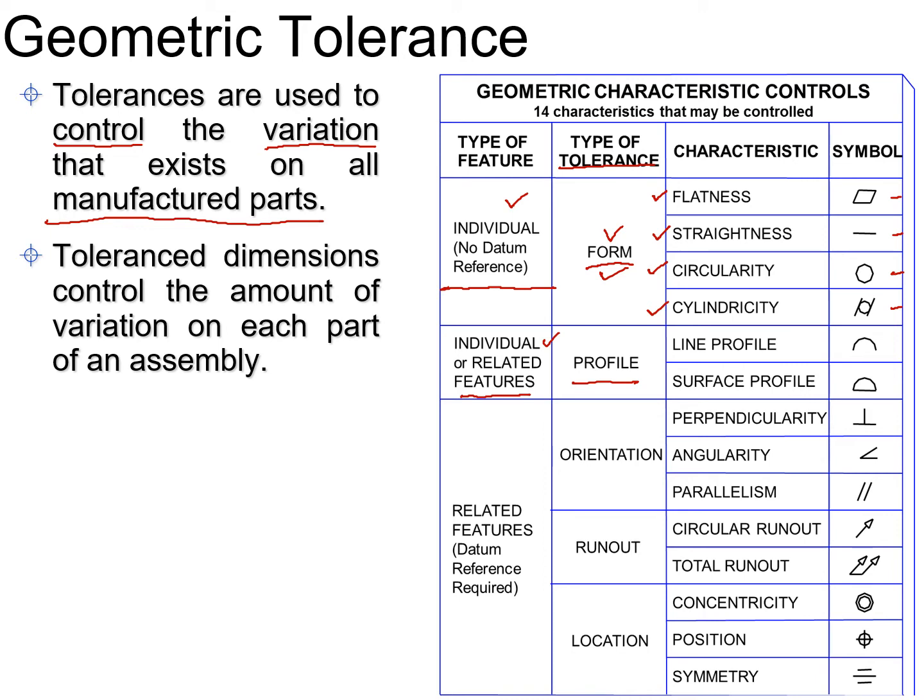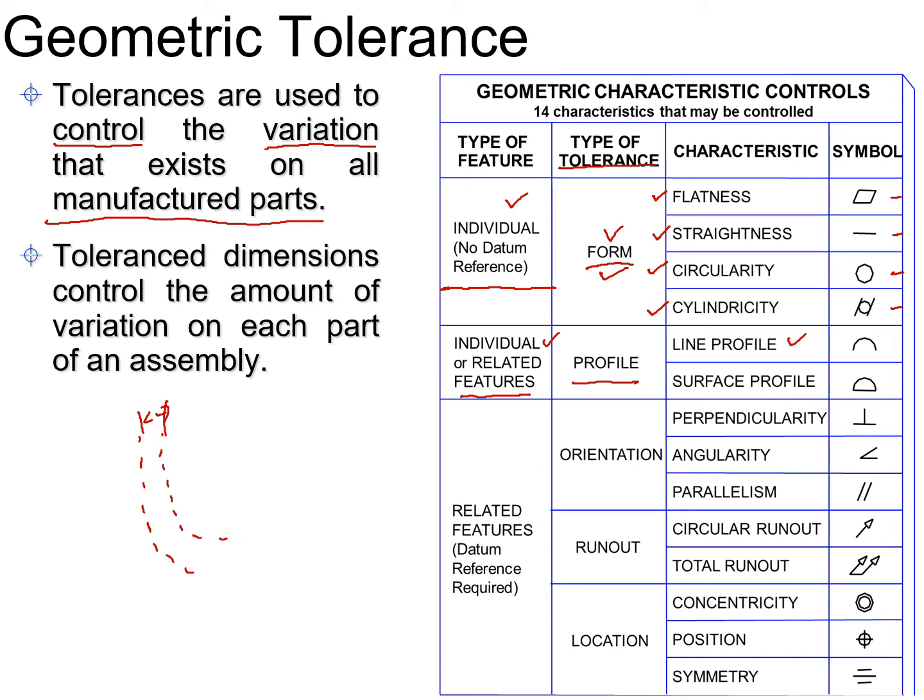So it can be a feature like this in the form of an arc, and we can specify the line profile by specifying a certain envelope for this profile only. We will be saying that the profile should lie within this envelope, the dotted envelope. So that will be the line profiling of this particular feature.